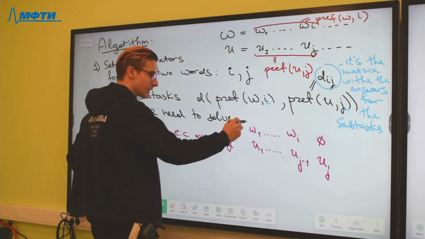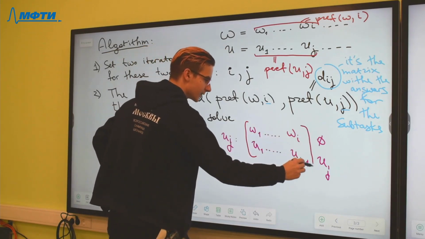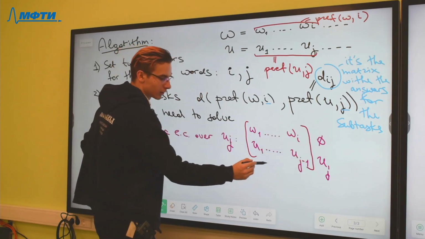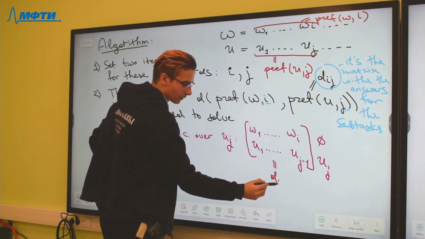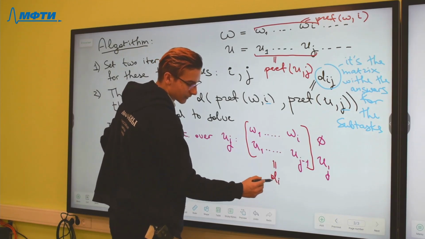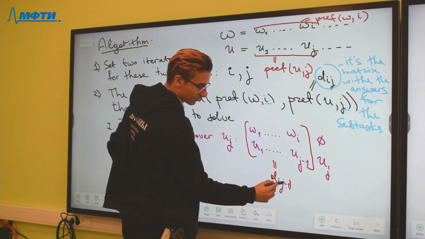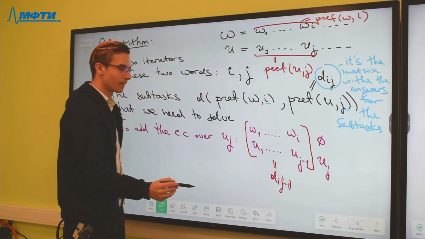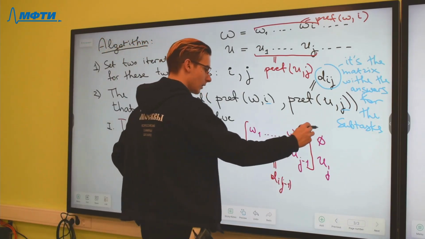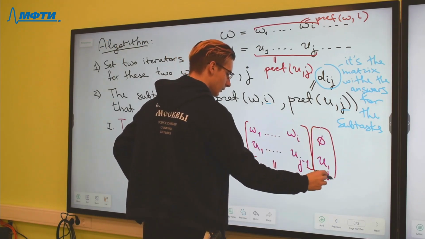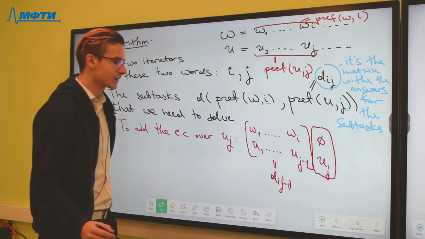So we say that the distance between these two words equals D with indices E and G minus 1, and one another place where they are different.